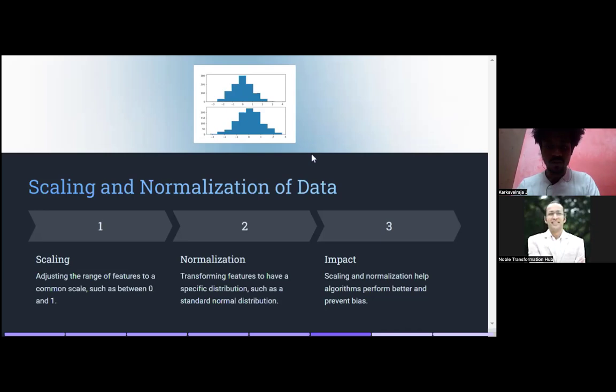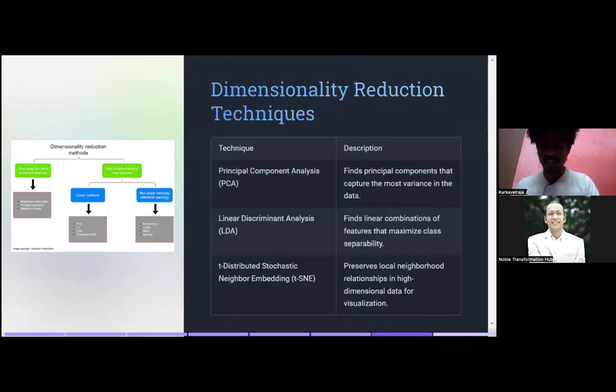Okay, so let's see the next topic, dimensionality reduction. Actually, we have seen this in the previous session. What is meant by dimensionality reduction? It is a form of converting higher dimensional data to lower dimensional data. There are different ways available. One is PCA, principal component analysis, which finds the principal components that capture the most variance in the data.